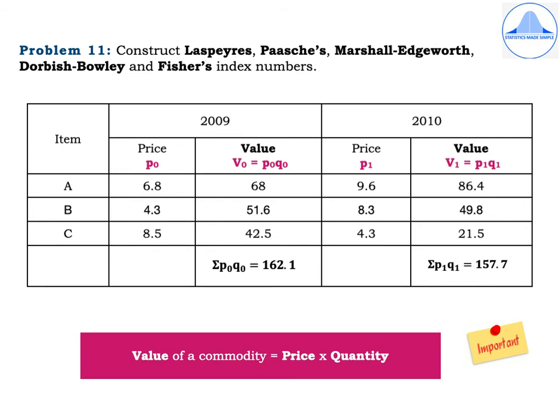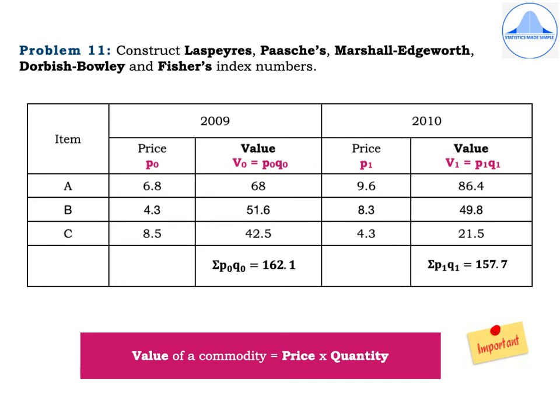The prices for the current year 2010 are 9.6, 8.3, 4.3, and the values for the current year 2010 are 86.4, 49.8 and 21.5. So this problem is similar to problem number 10, and again it is important.